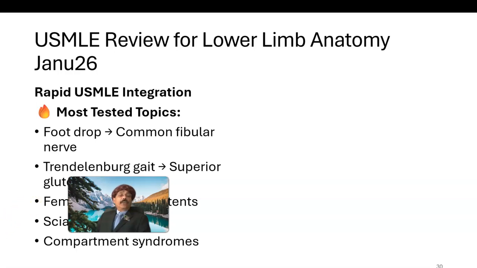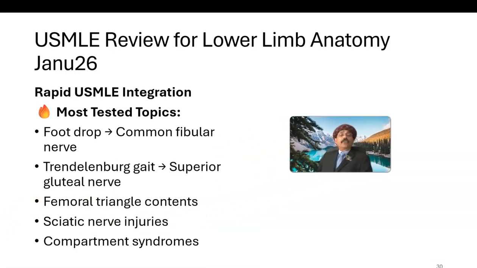Let's get to the review again. Foot drop: what is the clinical condition? Common fibular nerve lesion. Yes, sciatic nerve section may also lead to foot drop. Trendelenburg gait: superior gluteal nerve lesion. The person cannot keep the two hips together at the same level.